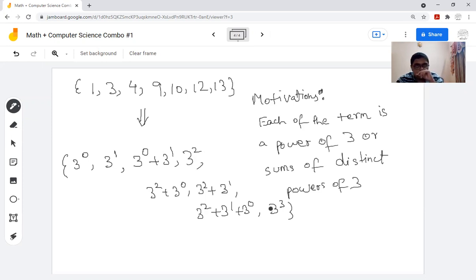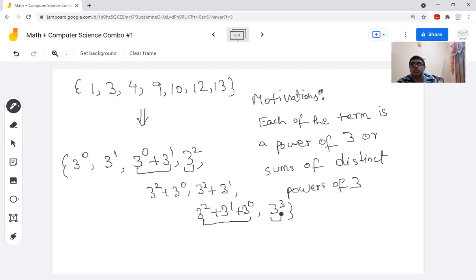Now, notice one thing: 3 power 0 plus 3 power 1 comes before 3 square, always. 3 square plus 3 power 1 plus 3 power 0 comes before 3 cube, isn't it? Yeah, it does.